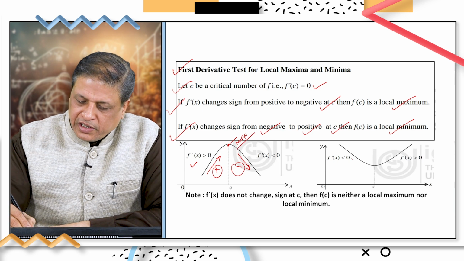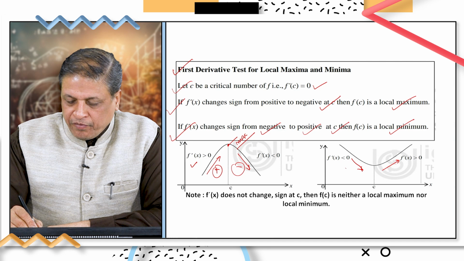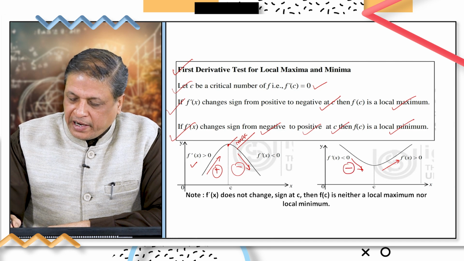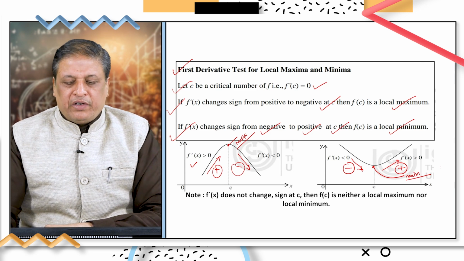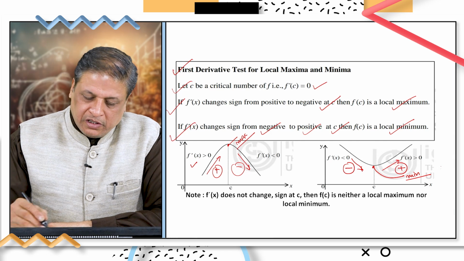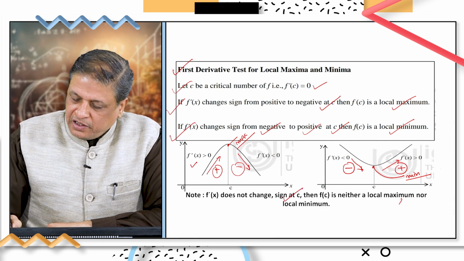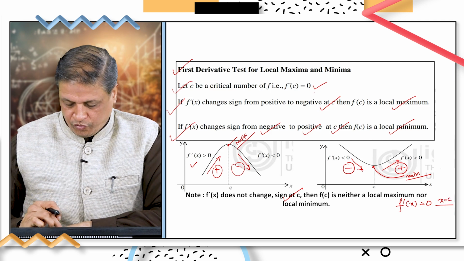And in this case the slope is decreasing, here the slope is increasing, that means the derivative is changing the sign from negative to positive, and that is why there is a minimum value. If f dash does not change the sign at the critical point, that means f dash c or f dash x is equal to 0 at x equal to c, then there is no extremum. So, this was the first requirement.